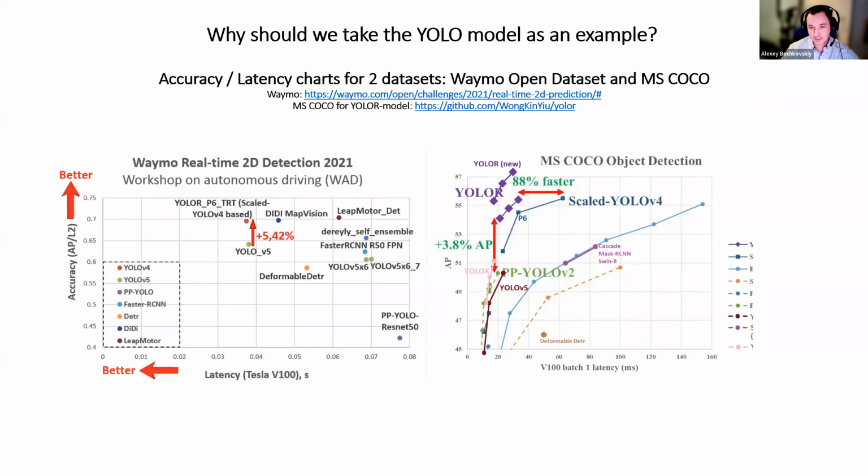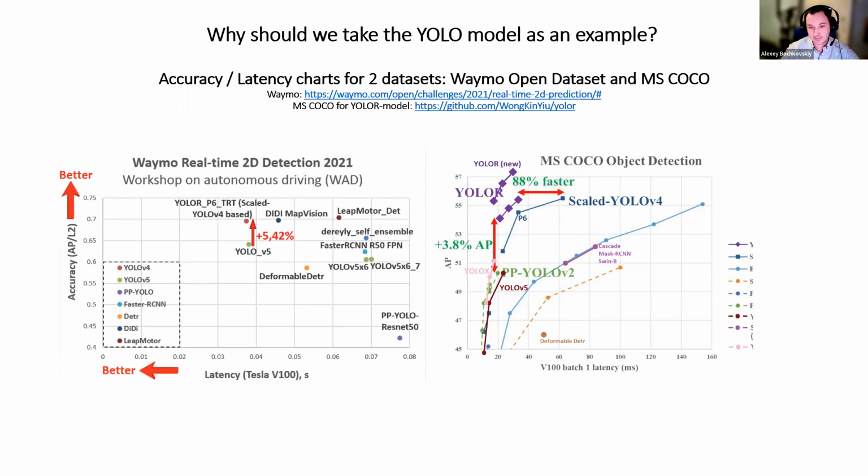And the right chart is the accuracy-latency chart on the Microsoft COCO dataset. And as we can see, there are three of the best and most accurate real-time neural networks: Scaled YOLOv4, YOLOR, and the new YOLOR that was released recently.